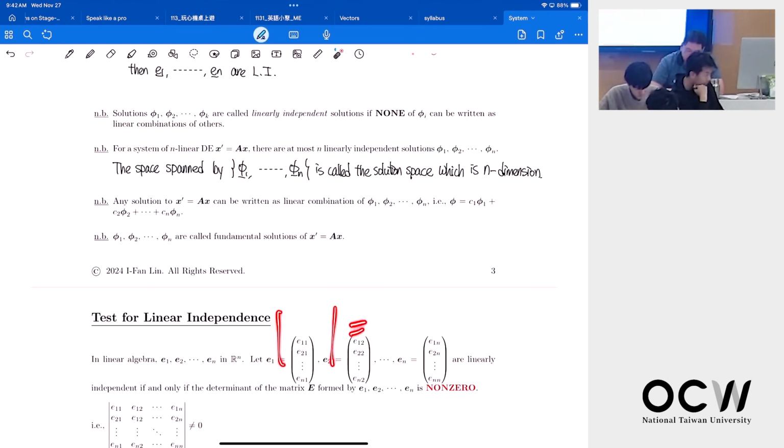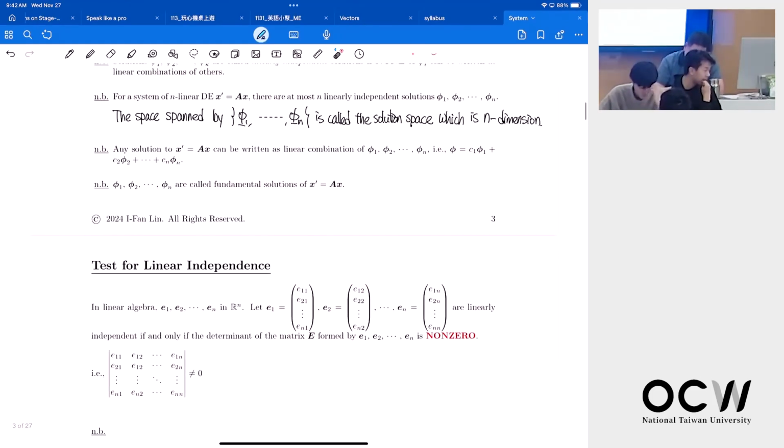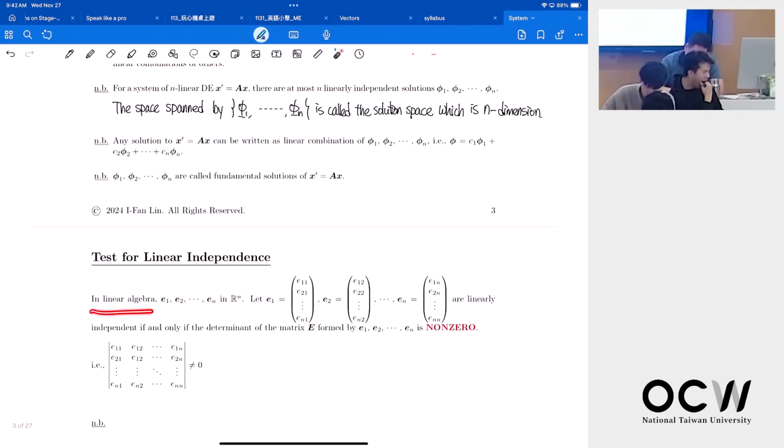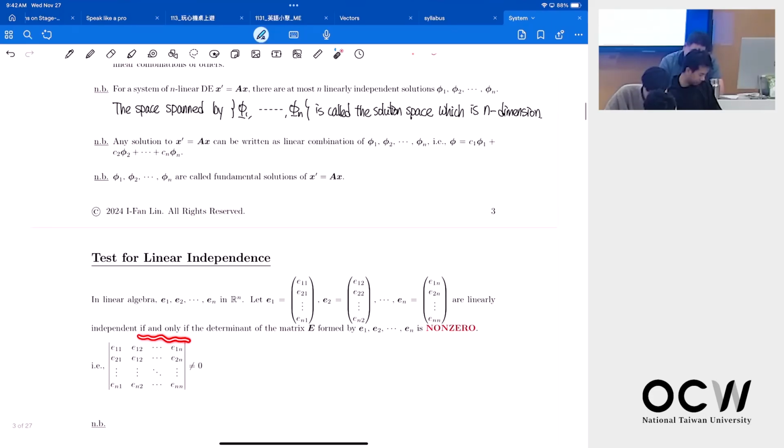The determinant is not equal to 0. Similarly, in linear algebra, I have E1 to En, and here's E1, that's a vector. They are linearly independent if and only if the determinant of the matrix E, formed by E1 to En, is non-zero.